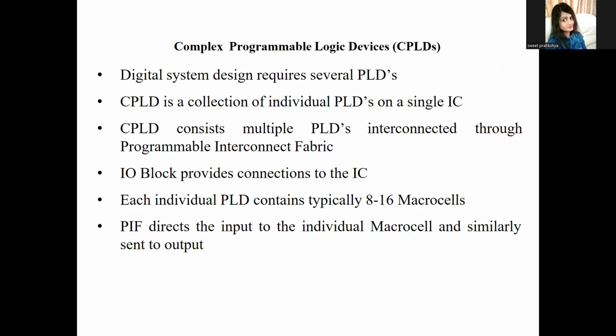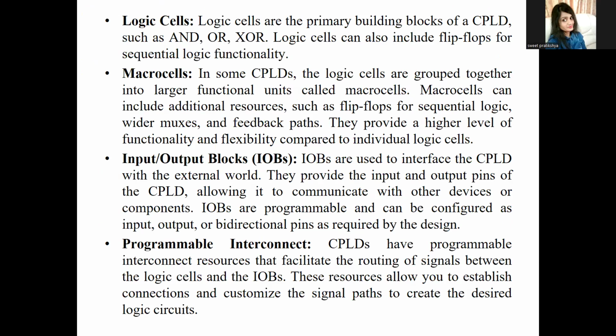Digital system design requires several PLDs. A CPLD is a collection of individual PLDs on a single IC. Each individual block contains 8 to 16 macro cells, and the programmable interconnect directs the inputs to the individual macro cells and to the outputs. So this is what I already explained in the previous slide: logic devices, macro cells, input output blocks, and programmable interconnect, as we've seen in the previous structure.